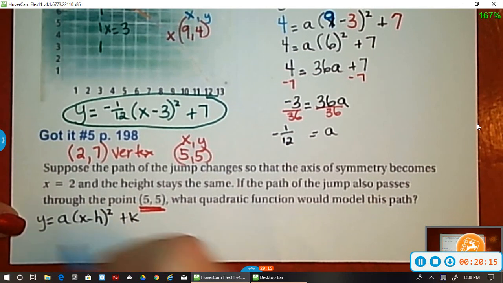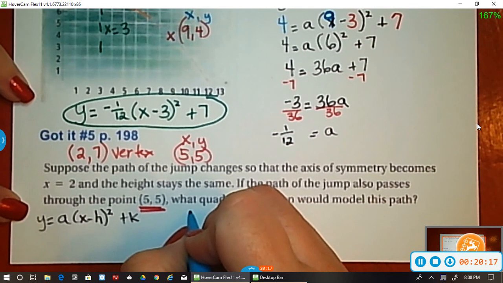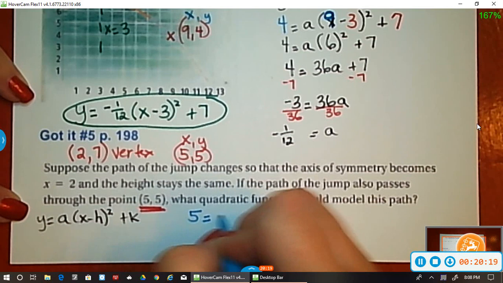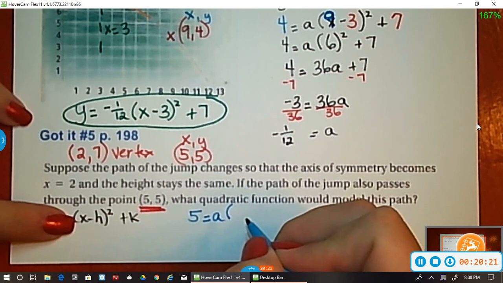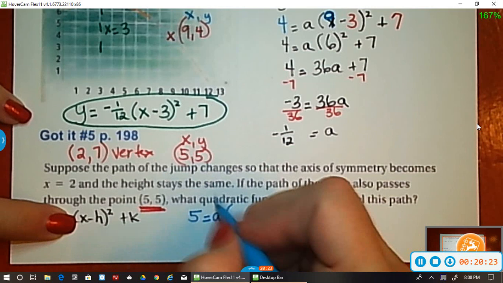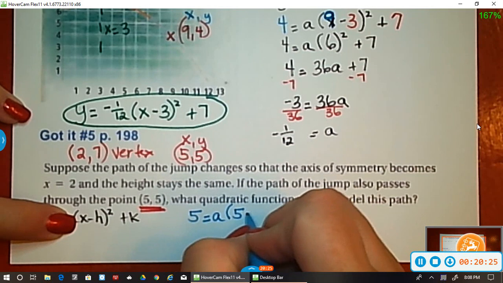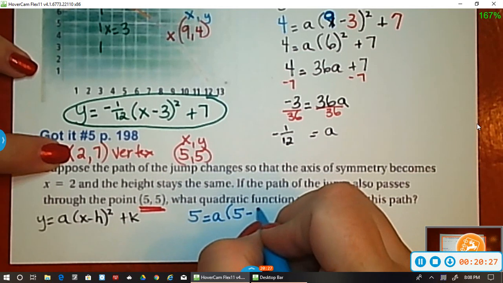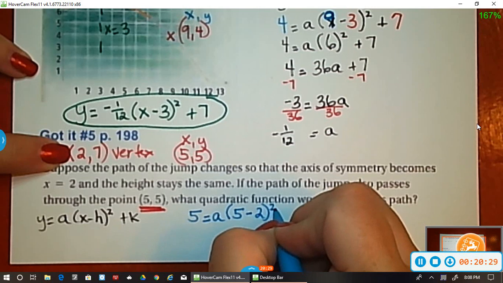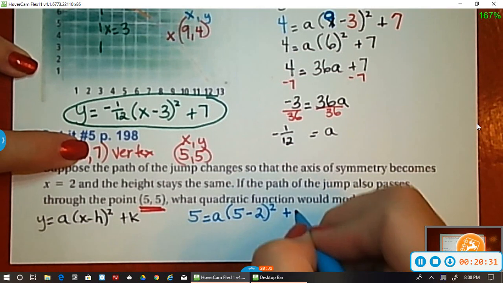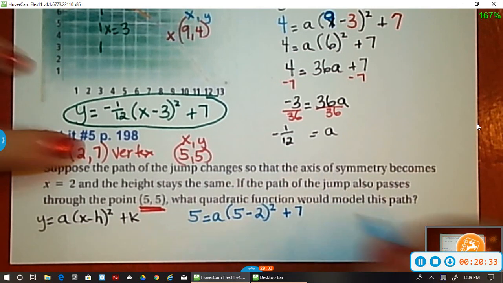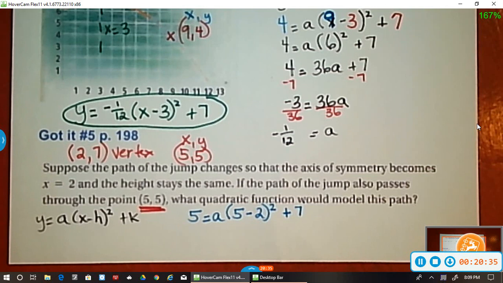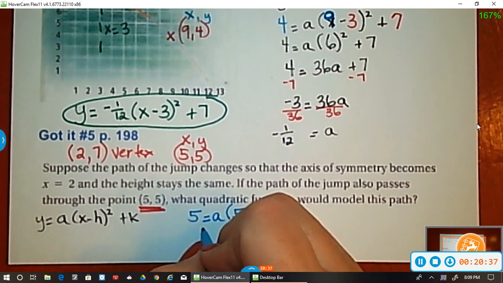So let's plug all of that in. So y is 5 equals a times my x, which is 5, minus my h value, 2, squared, plus my k value, 7. And now I can solve this equation for a.